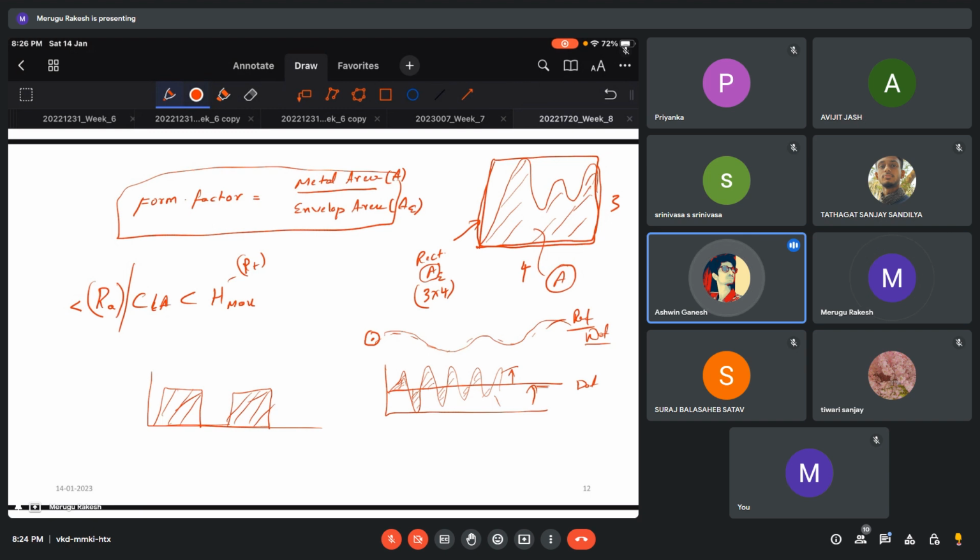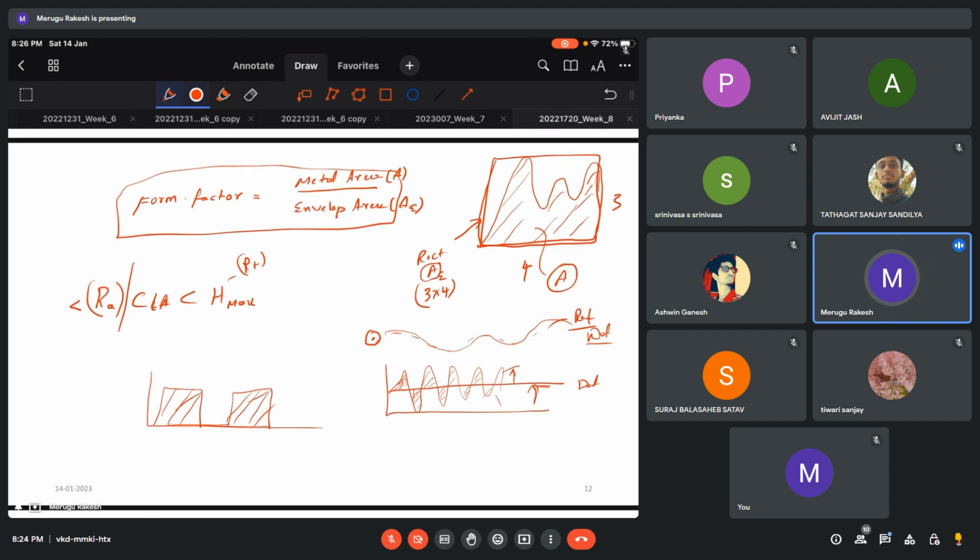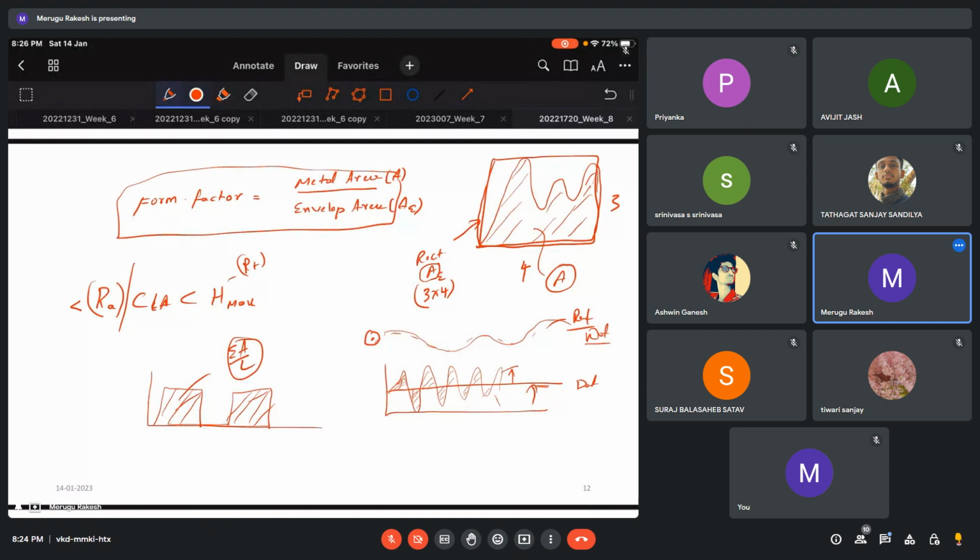Here all the areas are above only. Yes, correct. In that case, you can stick to this formula. Sir, but isn't it true that whenever we take the central line average, the area above must be equal to the area below?